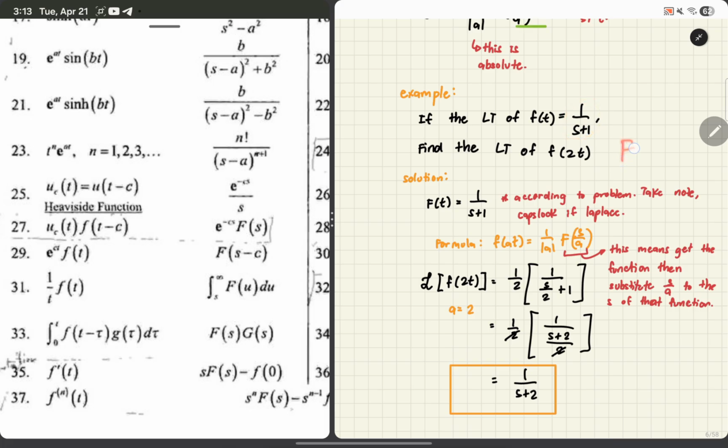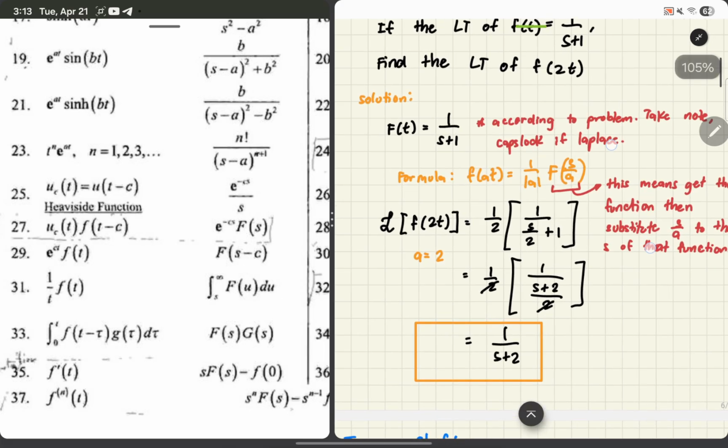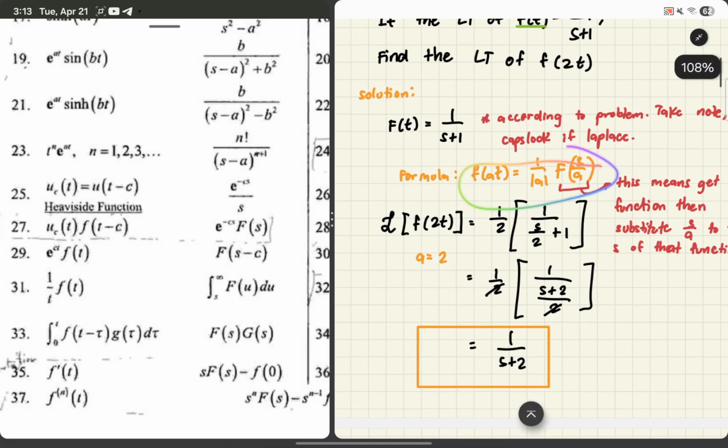The Laplace transform of f of t is already given. Now all we have to do is use the formula, recalling the formula. F of at is equal to 1 over the absolute value of a, the Laplace transform, and all the s should be changed into s over a.